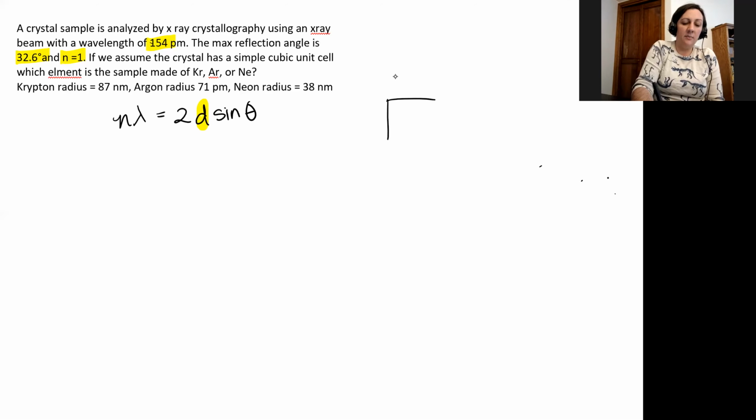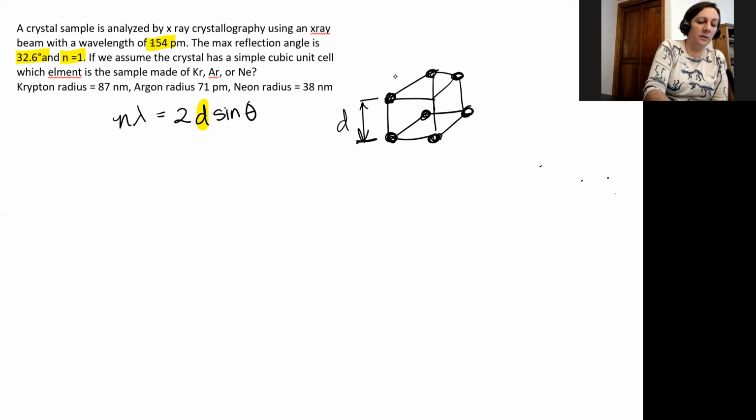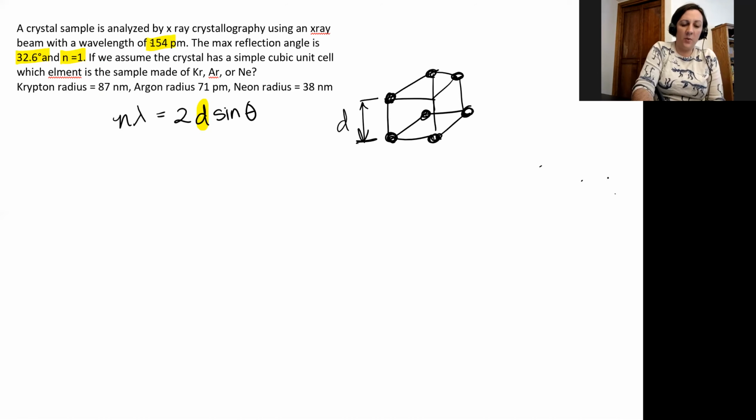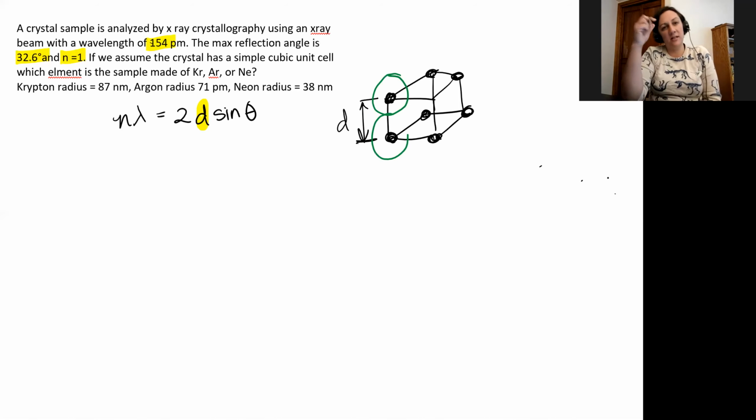In a simple cubic crystal structure, we're going to have lattice points at our 4 corners, and they'll be stacked on top of each other like this. So if we know the distance between these 2 planes right here, what we really know is that these lattice points are really atoms, and those atoms are arranged until they're touching.